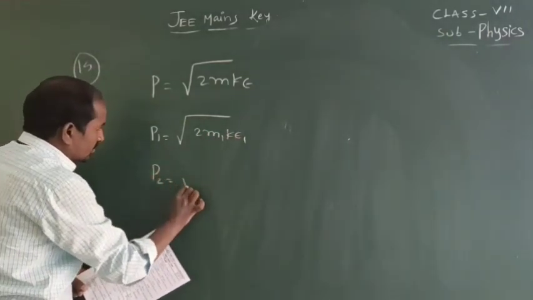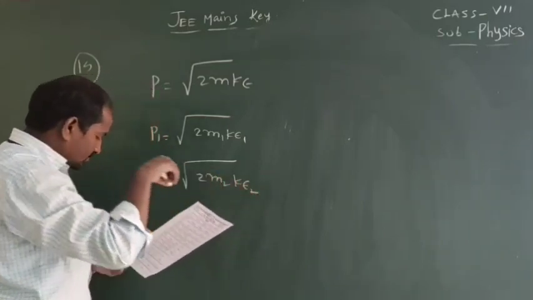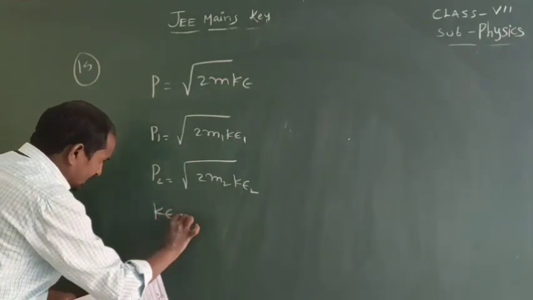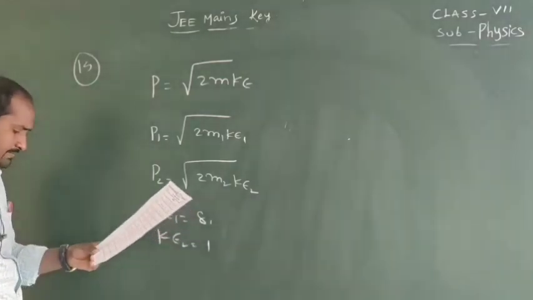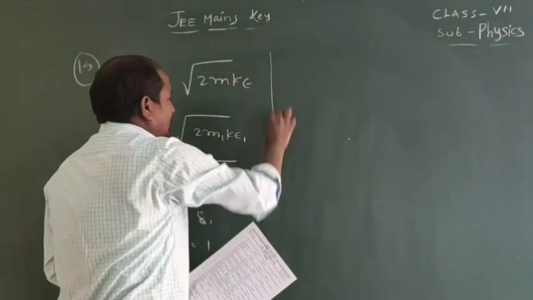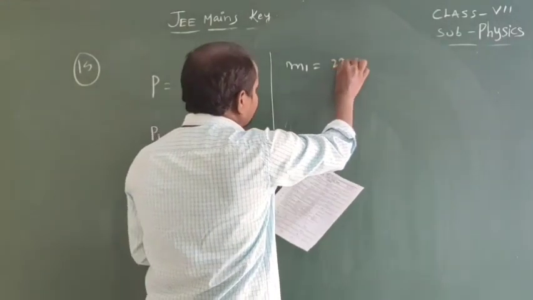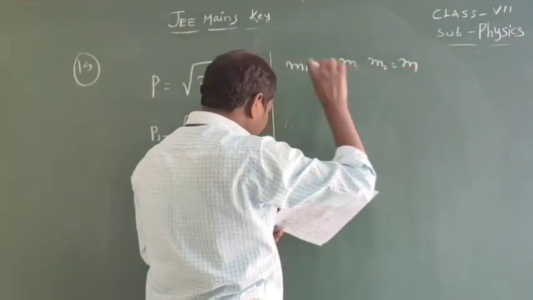Next P2 equal to root of 2m2 K2. So here KE1 equal to 8 and KE2 equal to 1. Next m1 equal to 2m and m2 is equal to m.